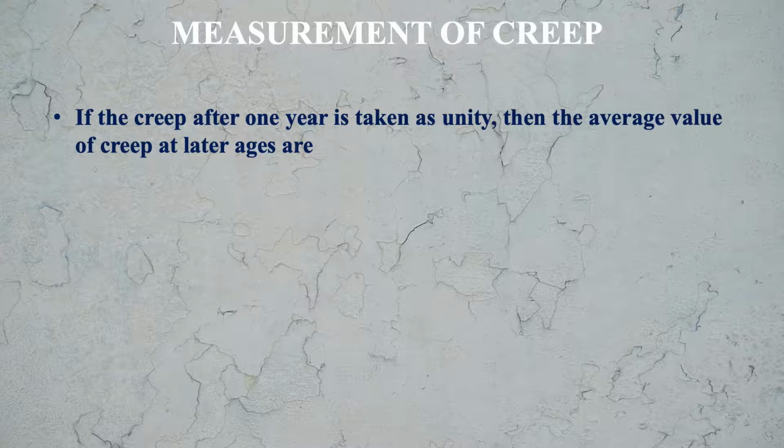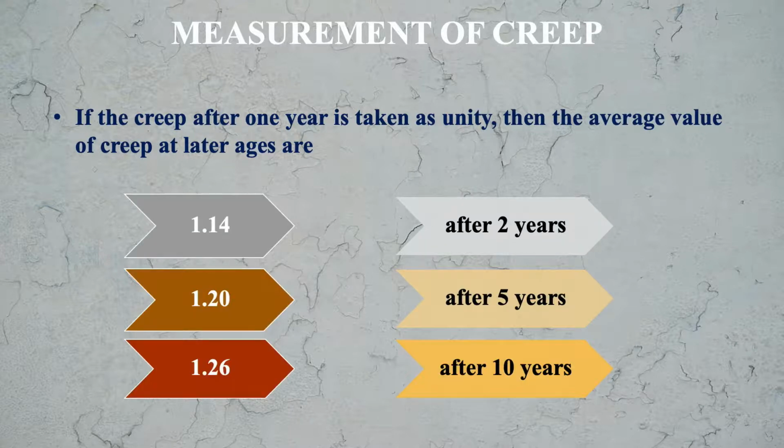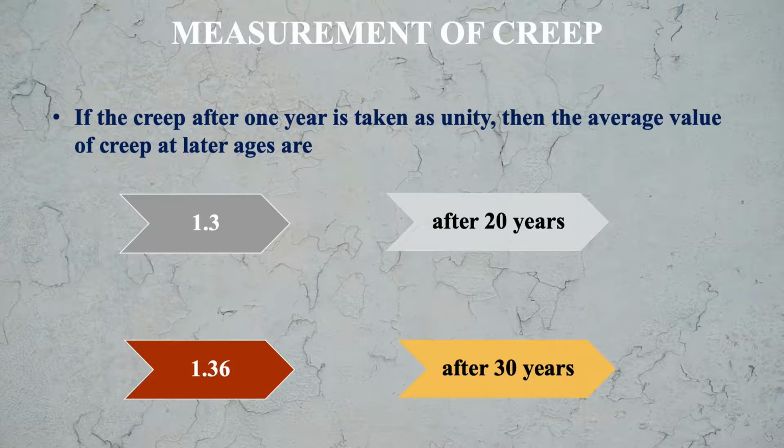If the creep after 1 year is taken as unity, then the average value of creep at later ages are, after 2 years, you have to consider the factor of 1.14. After 5 years it will be 1.2. After 10 years it will be 1.26. After 20 years it will be 1.33, and after 30 years it will be 1.36 if we are considering the 1 year creep as 1.